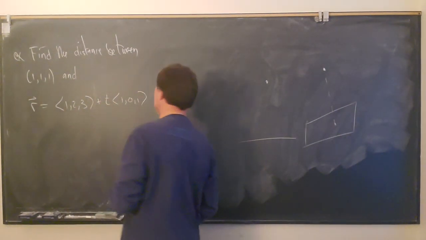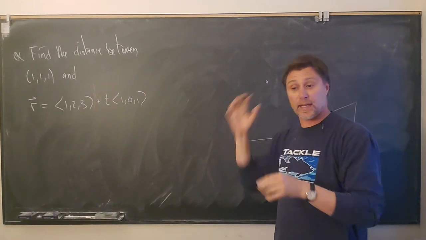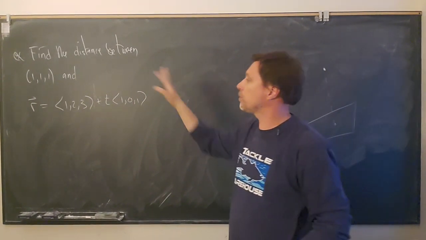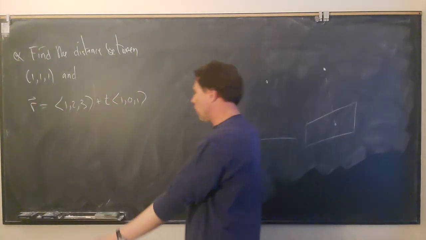Like I said, you can memorize the formula that tells you how to do this, and it makes it a little bit quicker, but depending on how I phrase the question, I think it's important to understand the process behind this. So my advice would be to understand what's going on here.